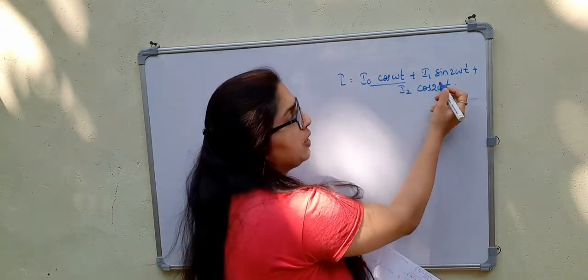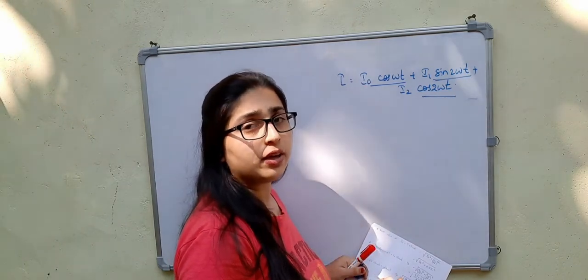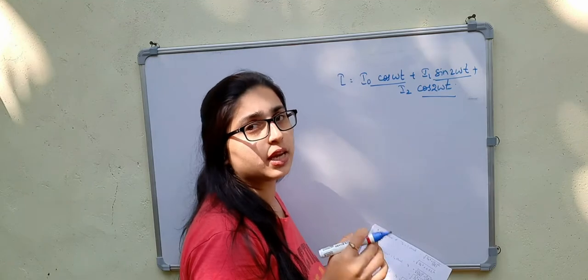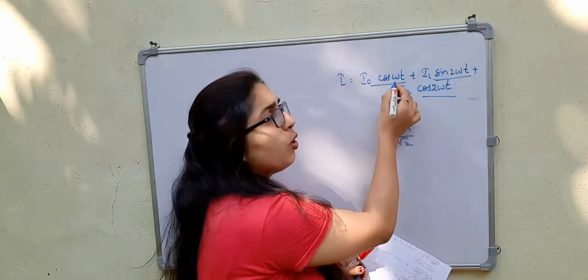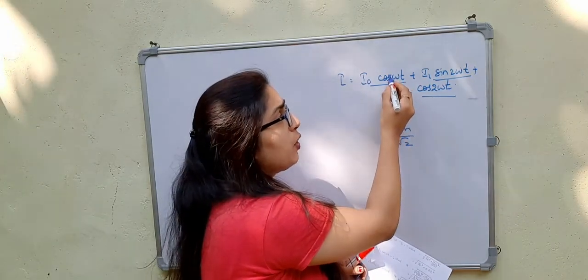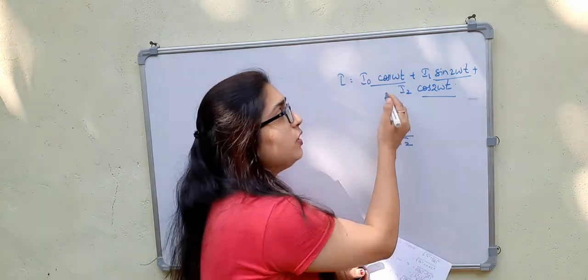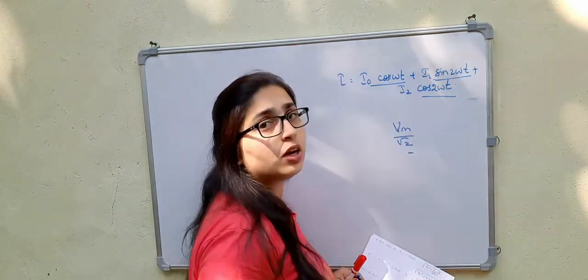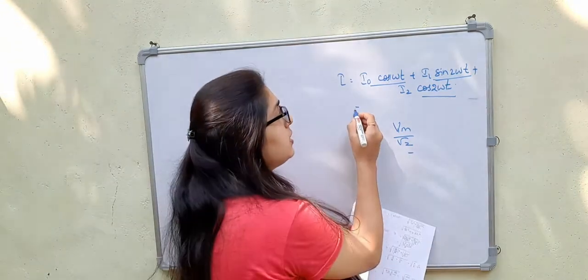You know these are sinusoidal terms. That means you will have the RMS value equal to Vm divided by root 2, whatever the phase shift may be, and whatever the coefficient of cos omega t, whether 1, 2, 3, or 4, you will have Vm by root 2 as the RMS value.